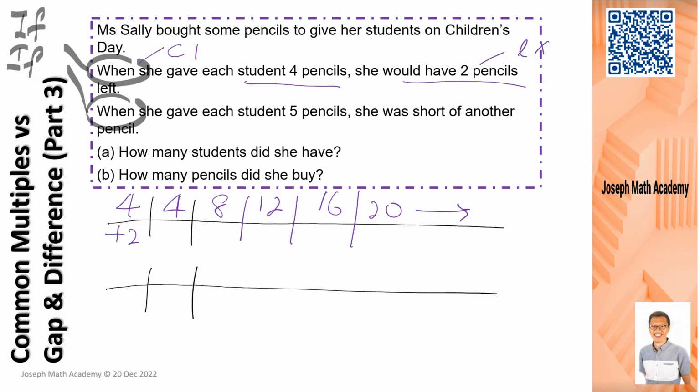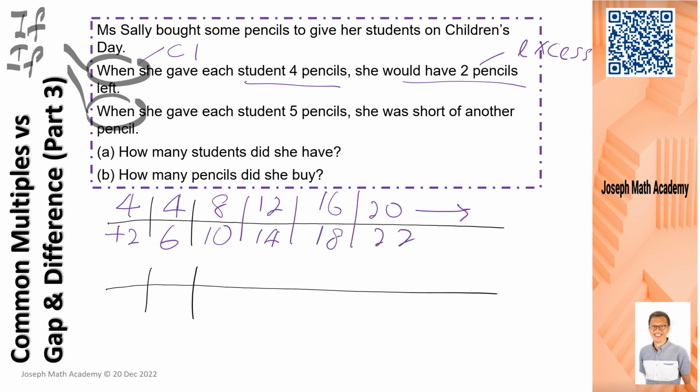So if she has a student, that student received 4 pencils, and Miss Sally had 2 pencils still with her. So in total, she has 6 at first. 4 plus 2 is 6. Let's continue to add 2 to every multiple of 4. So this will be 10, 14, 18, 22.